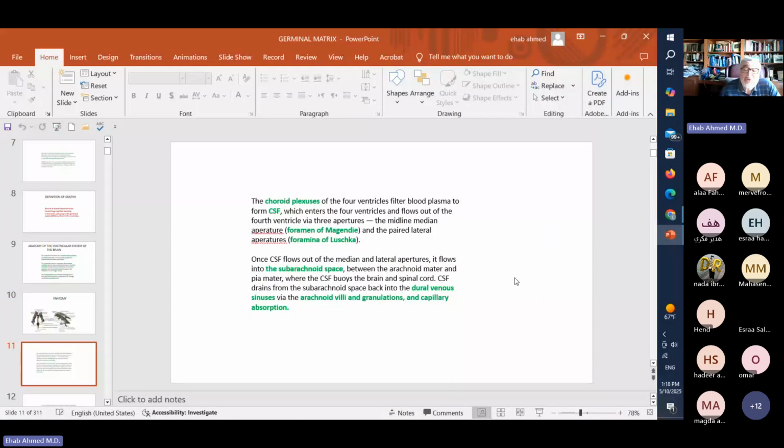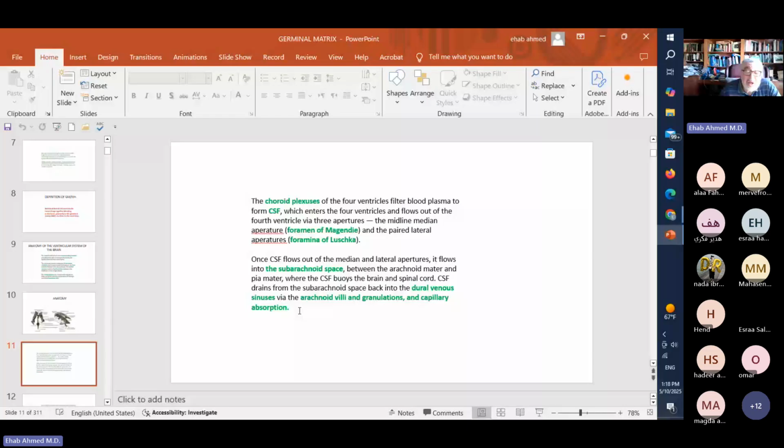So the choroid plexus of the four ventricles will form the CSF, and the CSF will flow from the lateral ventricle, foramen of Monro, aqueduct of Sylvius, and then foramen of Magendie, and then foramen of Luschka, and go to the subarachnoid space. And this CSF is in a continuous circulation. And if there is interruption of this circulation, complications occur, mainly hydrocephalus.